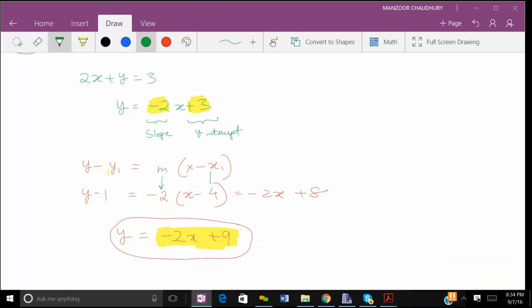And the x1 is 4, because those are the points, right? Given in the question, the points are 4, 1, right? That's a point. And slope is m. So y minus y1 equals m times x minus x1, where m is the slope.